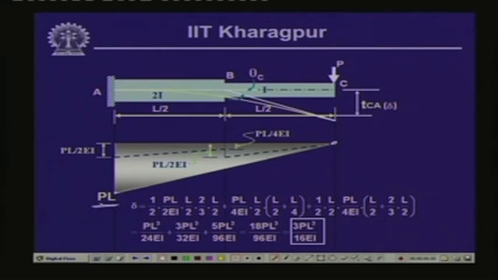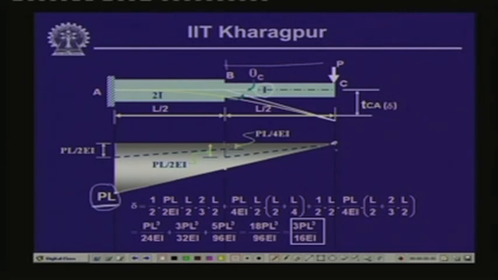Now, when we like to employ the area moment theorem, what we are interested in is to evaluate the M by EI diagram, and as we know, the M by EI diagram is nothing but the bending moment diagram divided by the EI value at each ordinate. Now, if you look into the part B to C, the moment of inertia is I. Hence, we divide each ordinate of the bending moment diagram of this part.